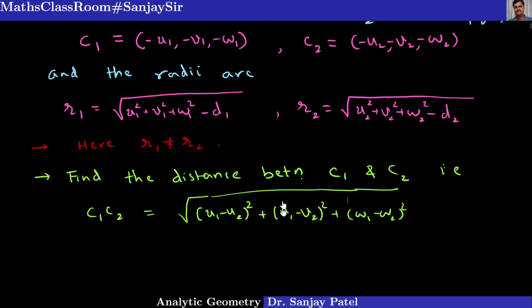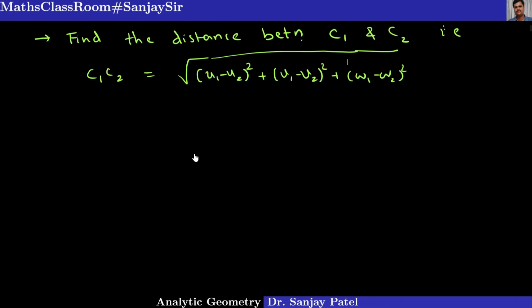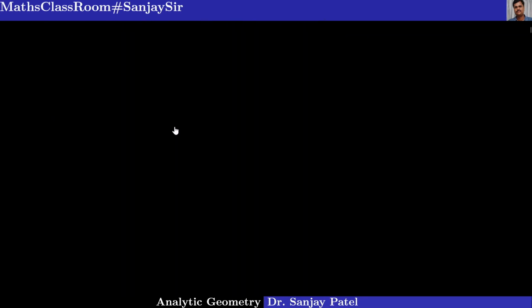Now according to the relation between C1C2 and the radii, we can have different situations between the two spheres. So let us see the different cases one by one.